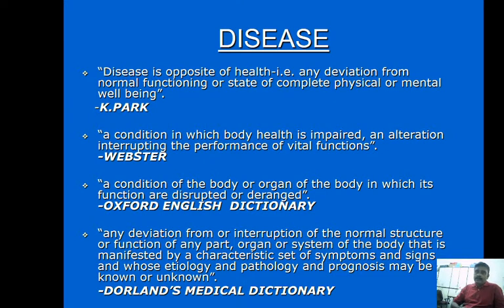So comprehensively, this is a deviation or a temporary or long-term interruption of either the normal structure or the function of any part, organ or system of the body. And it is also manifested by a characteristic set of symptoms and signs, and the etiology, pathology and prognosis may be known or unknown.